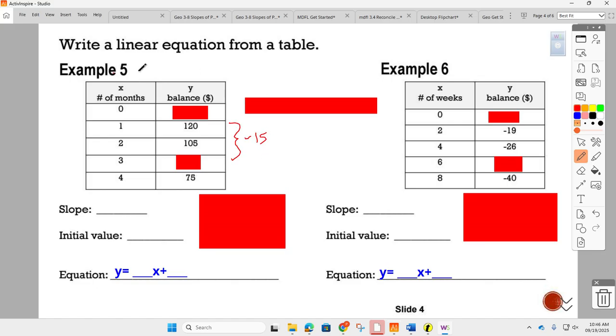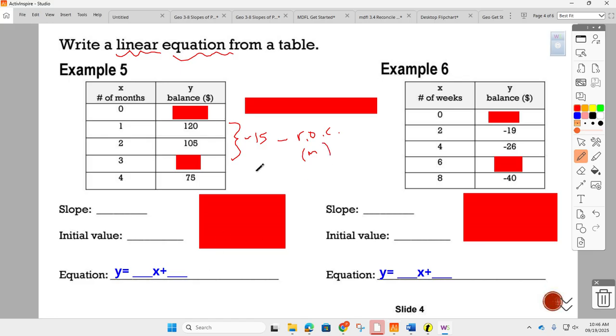Now, they told us this is a linear equation, so they've implied that this table represents that linear equation. We could use these 2 points and plug into the slope formula, but if for every month it goes up, the balance decreases by 15, that is our rate of change. So that's our rate of change, which remember is our slope.